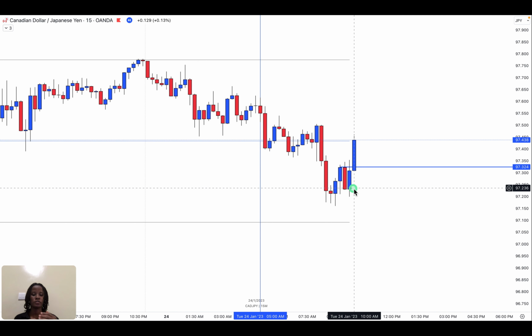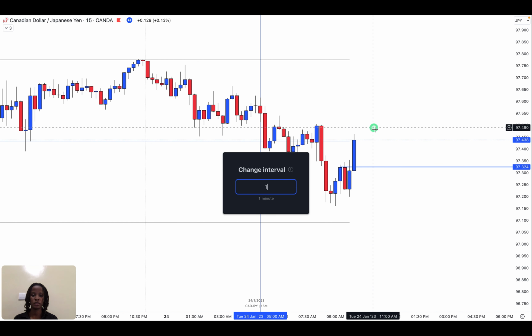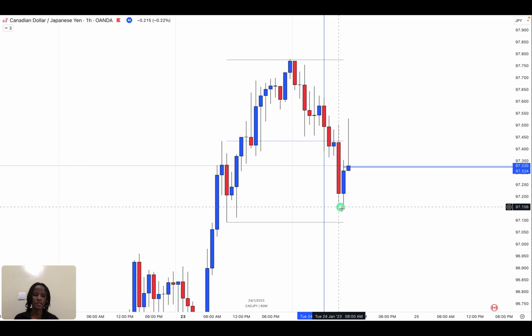So the candle from 9 to 10 needs to have closed bullish for us to look for any retracement entry back at this neckline. If you go to H1, you can see the candle from 9 to 10 has actually closed bullish. So any entries from 10 to 11 are valid.